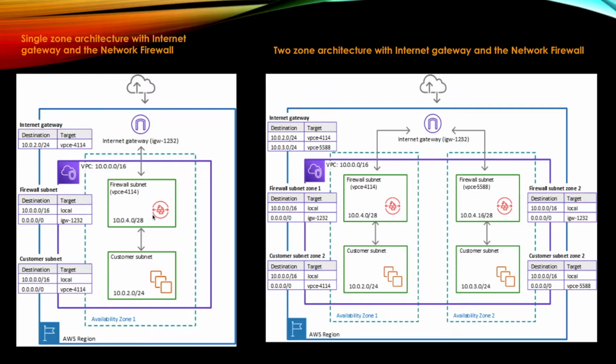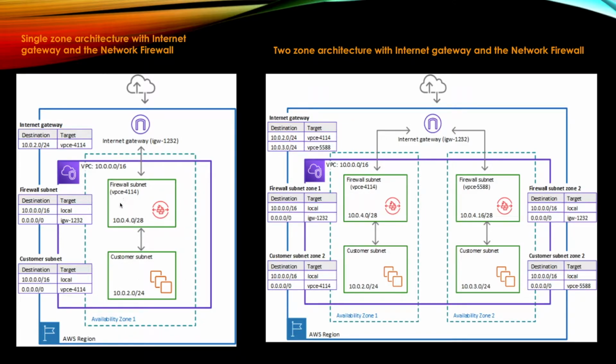So let's go to our console, and there we'll see what different components you have in your firewall subnet, and how you will configure them. Before I jump in, one last thing I want to add is that the firewall subnet will inspect traffic originating from other subnets.